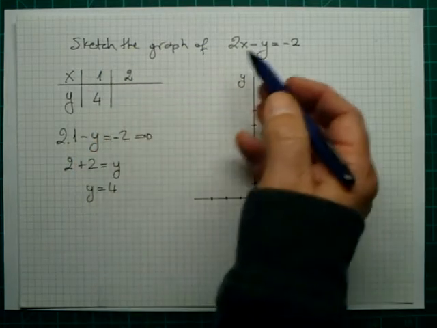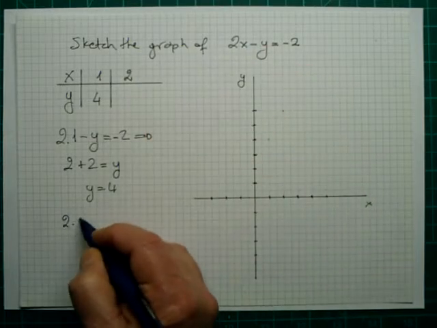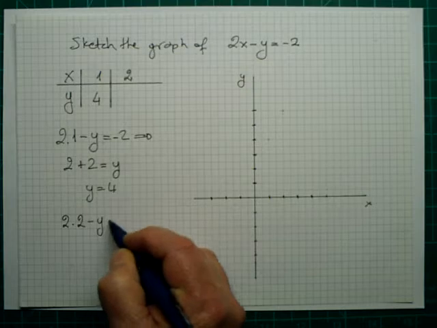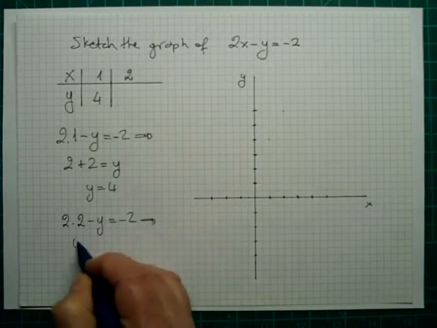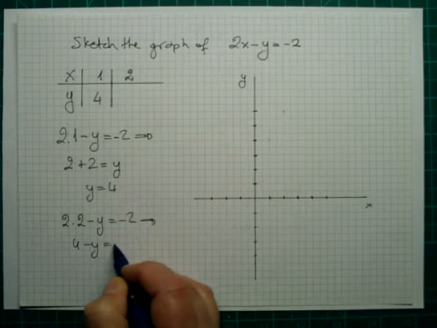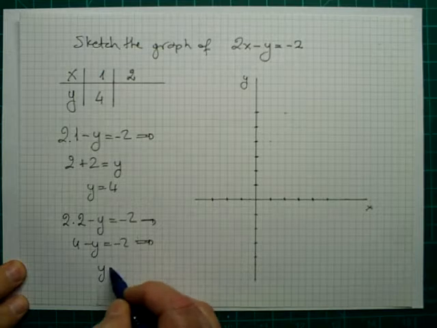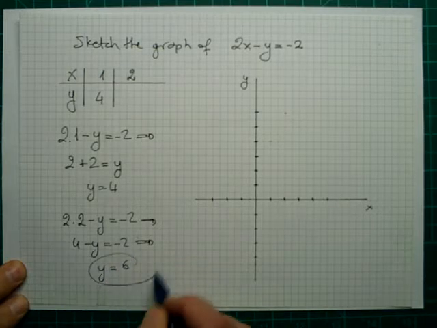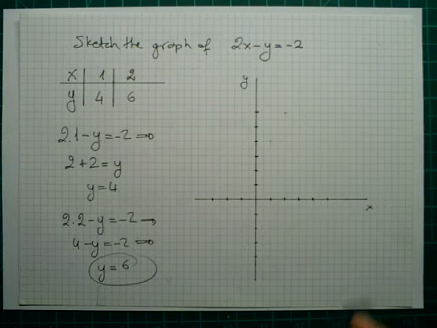Then we substitute x with 2. That is 2 times 2 minus y equals minus 2, and 4 minus y equals minus 2, and finally y equals 6. So these are our 2 points.